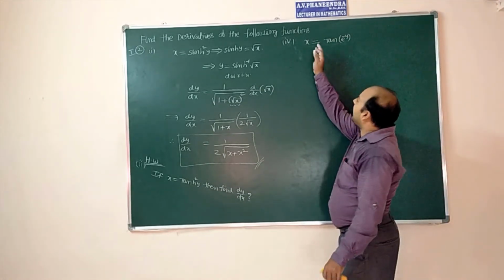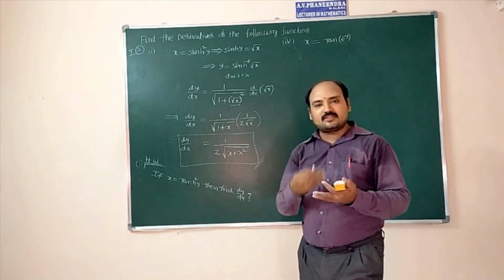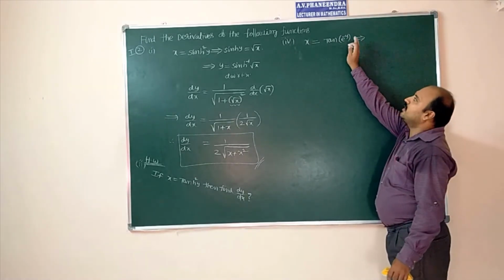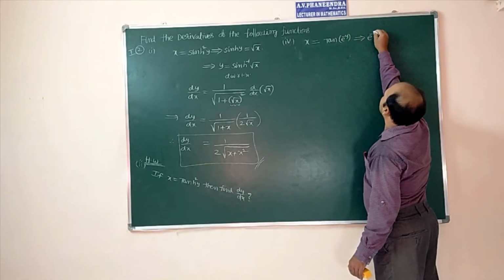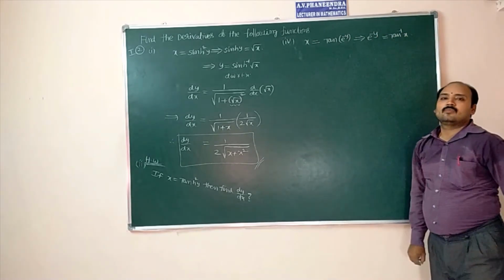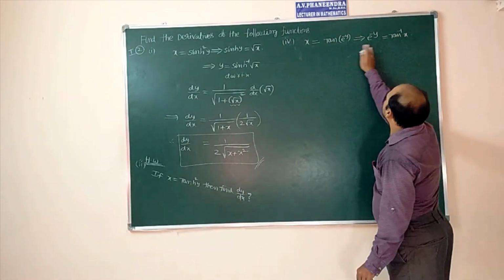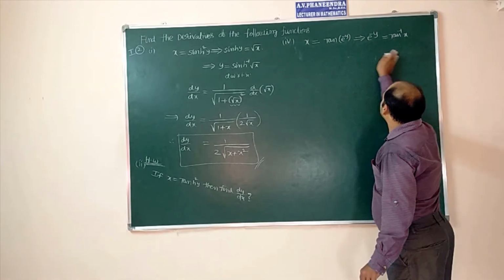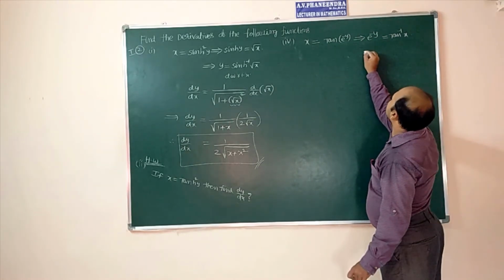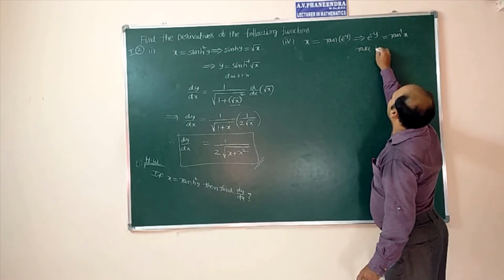Now the next question: x equal to tan of e power minus y. Because I want the y value in terms of x, what I am going to do is keep e power minus y here and take tan to this side. So e power minus y is equal to tan inverse x. After that, you can do direct differentiation. Otherwise, if you want to get the y value, take log on both sides.